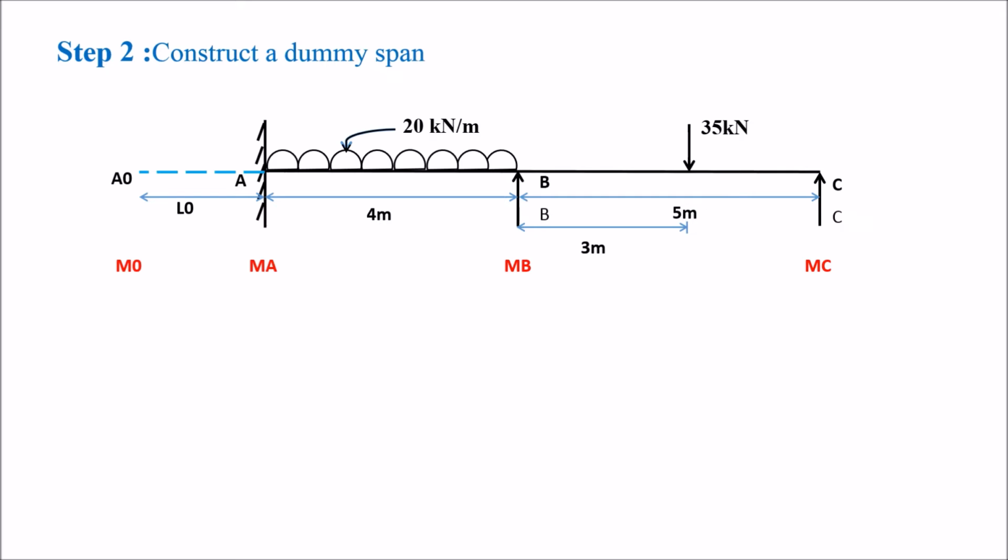The moment produced at A0 is M0, the moment produced at A is MA, the moment produced at B is MB, and the moment produced at C is MC. In this problem, the unknown support moments are MA and MB.